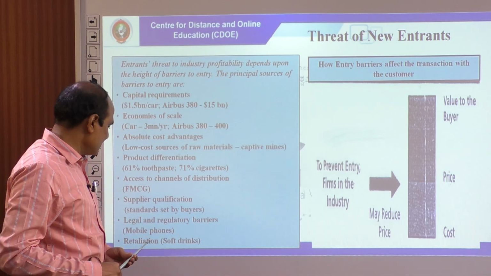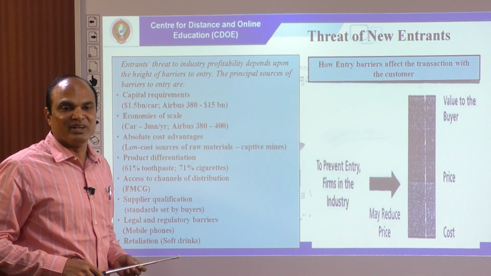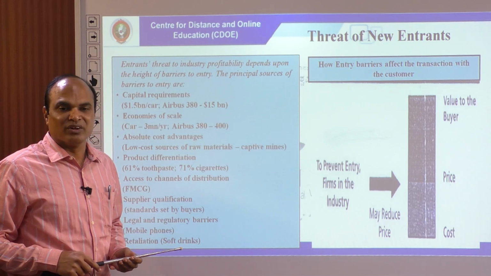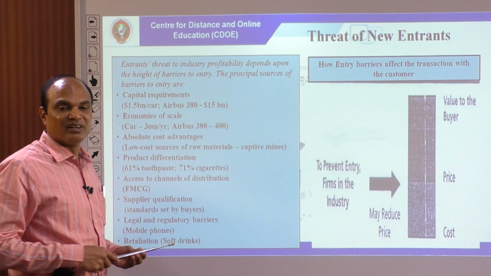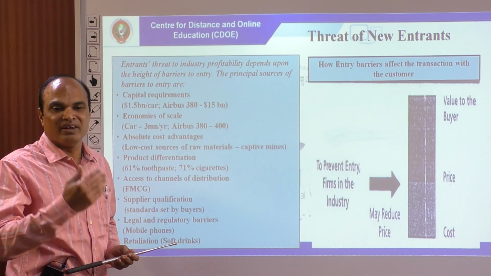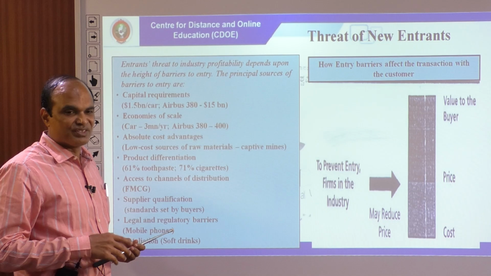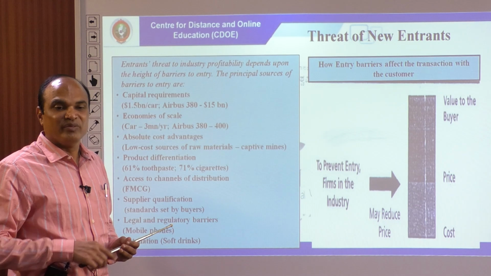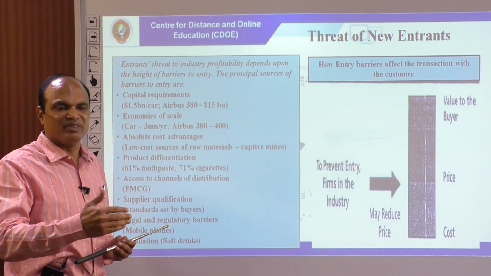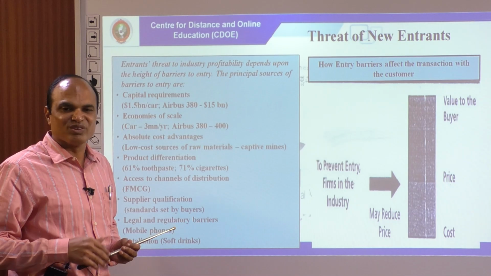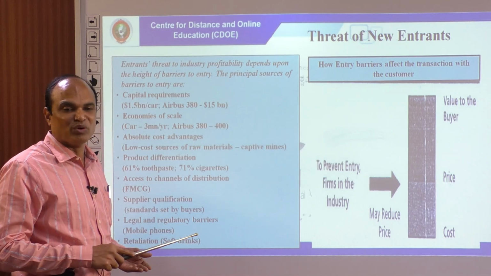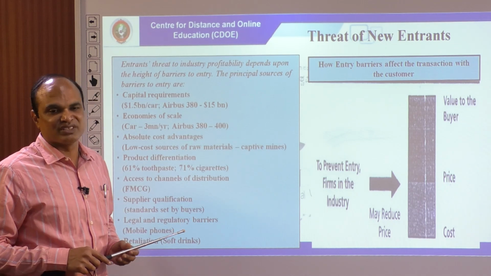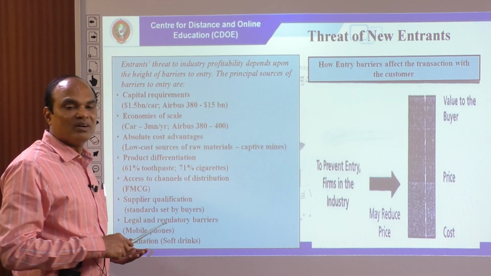So, coming to retaliation, that is normally seen with soft drink providers like Pepsi and Coca-Cola. They are the global players, and if Pepsi offers some variant, like a new lime variant, within a short period of days, within a month or so, Coca-Cola will also come out with a similar variant that can match the product features offered by Pepsi.